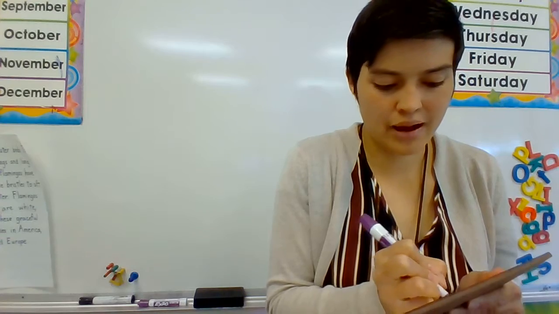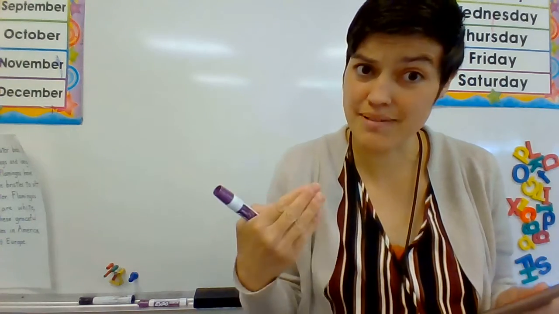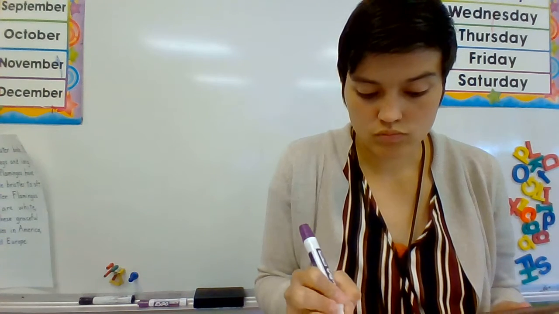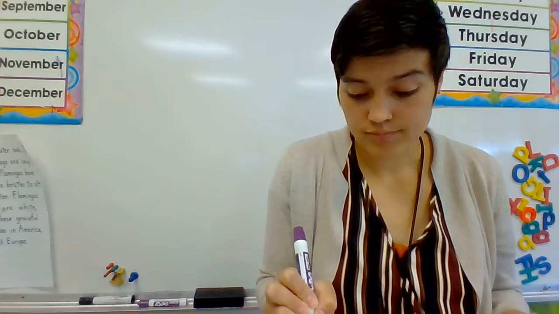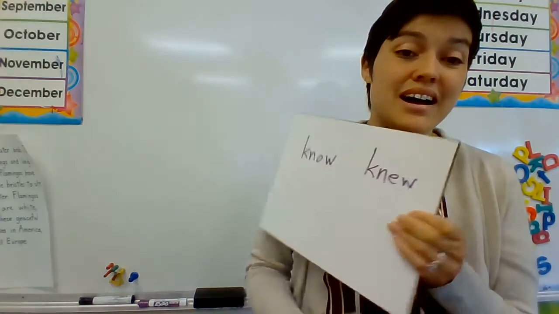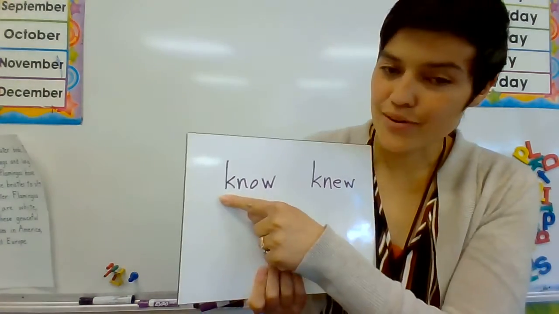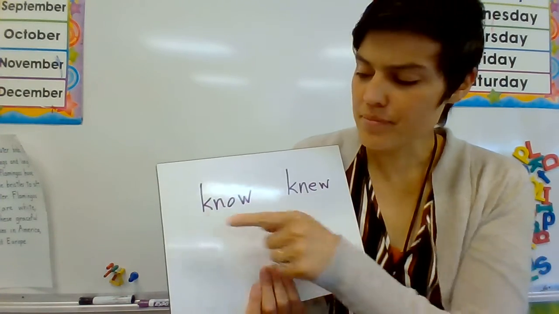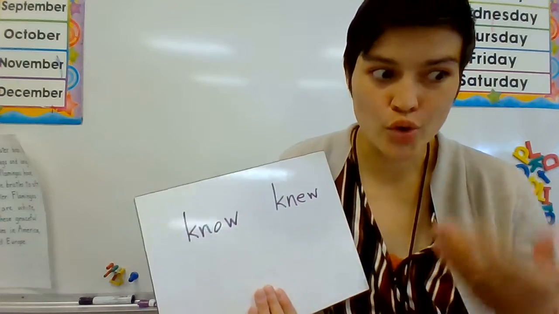Make sure to think about whether this sentence happened in the past or is happening now. Okay, so the first sentence needs to use either this verb or this verb in it. Okay, so either know or knew.